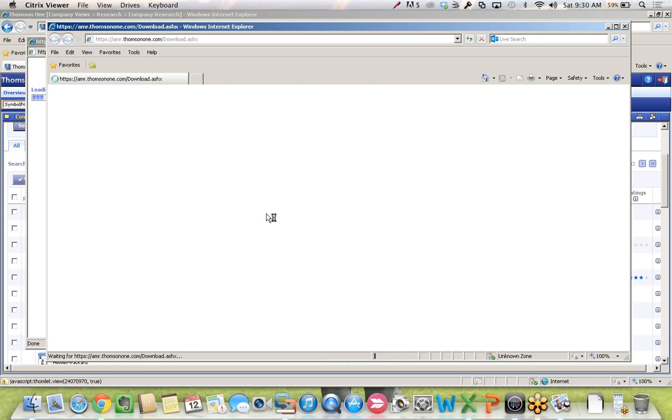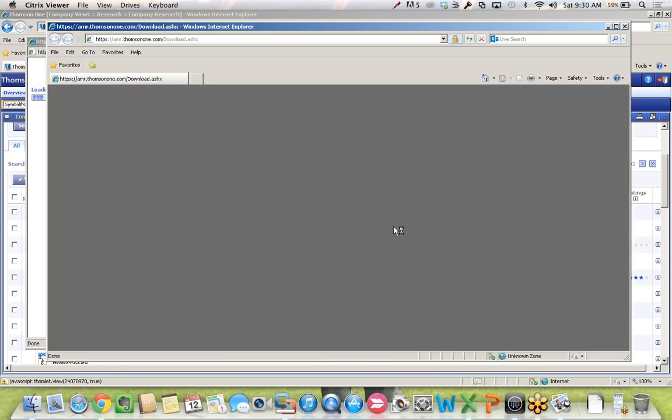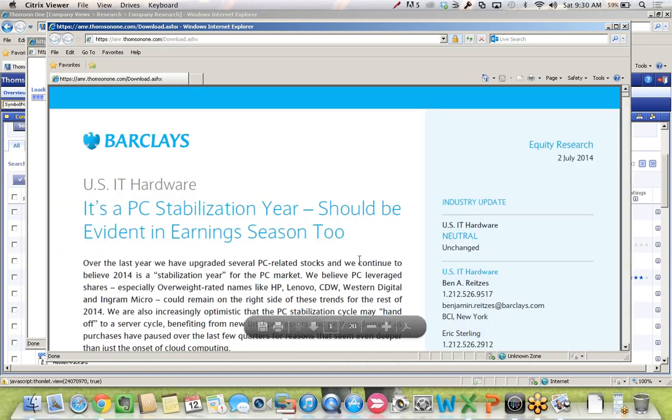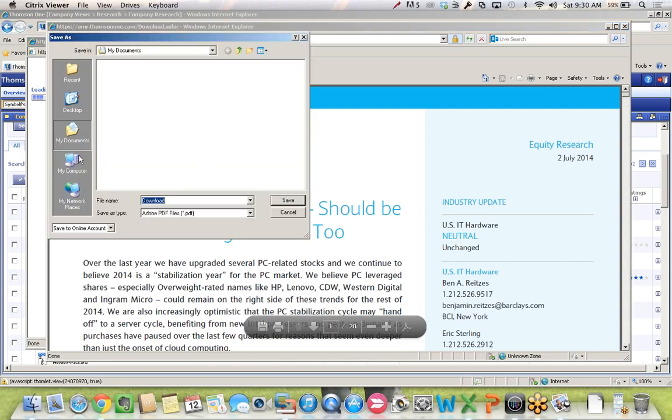It might say it costs you a certain amount of money, but as part of our license, these analyst reports are free. And this would be the detailed analyst report from Barclays on HP. So we'll save this, put this on my desktop, I'll upload this. HP Barclays.